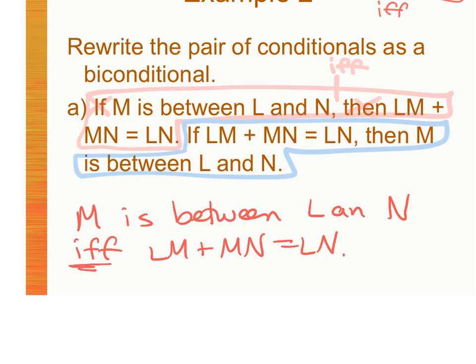Now, if you don't want to abbreviate it, you're going to write out the words if and only if. Now, I can also write my biconditional based off of the blue.